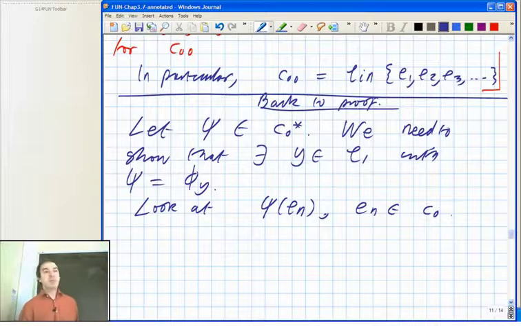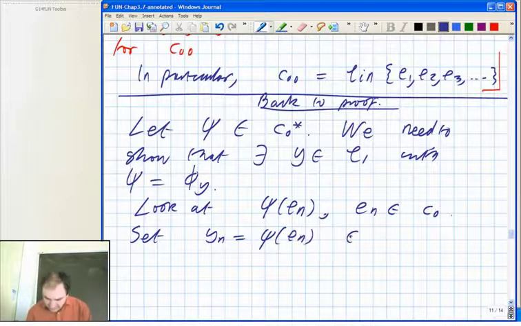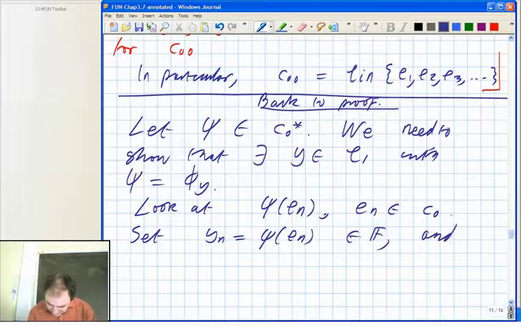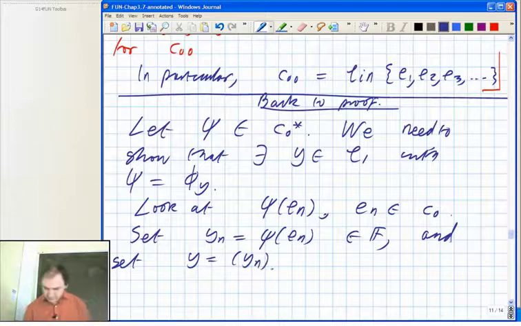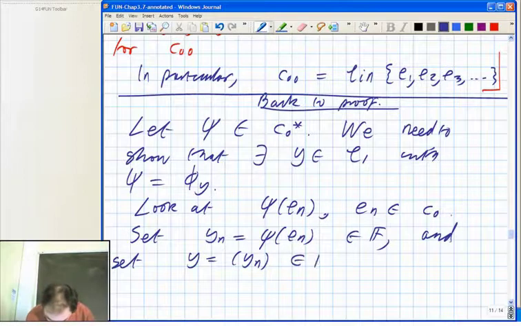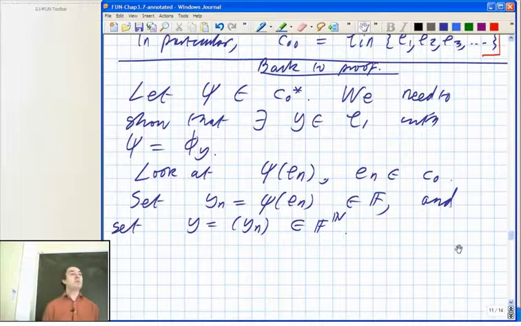So this should be what Yn should be. So we set Yn equals psi of En, which is of course in F, and you set y equals (Yn), and so far that's just a sequence. And now we need to prove that y is in little L1, and the rest is then quite easy.